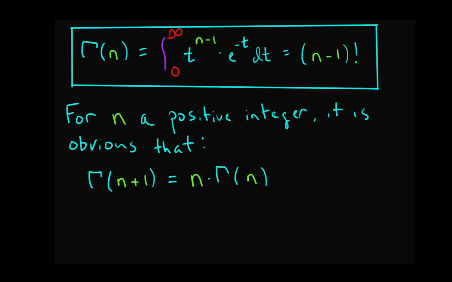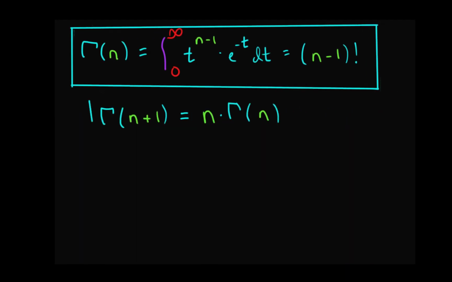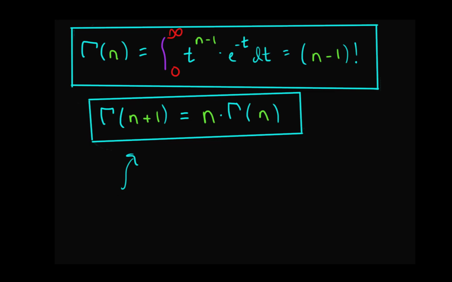Well, sure, when we think about what the gamma function does, gamma of (n plus 1) would just equal ((n plus 1) minus 1) factorial, and we just have to confirm that that equals what's on the right-hand side of this equation here, which is n times (n minus 1) factorial. Well, looking at the left-hand side of this equation, the plus 1 and minus 1 cancel each other. And on the left-hand side, I have n factorial, and on the right-hand side, I have n factorial. So it seems very obvious that this functional equation holds.